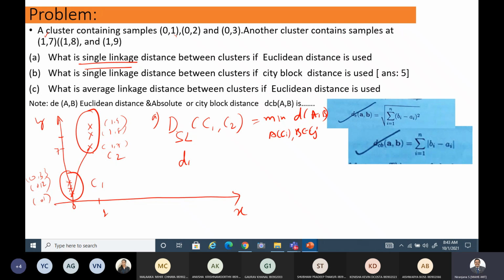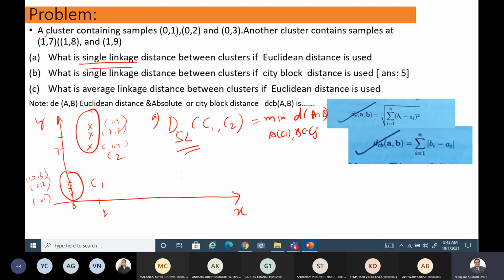So you can find totally 9 distances, right? So D1 to D9 you can find out as the possible distances. And among them, the minimum distance is referred to as the single linkage distance.